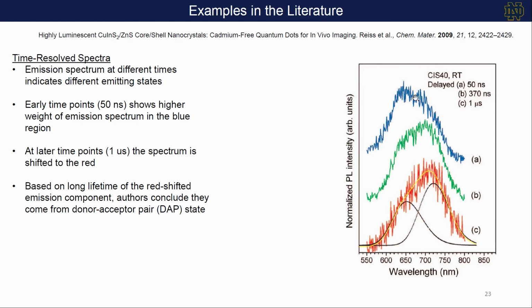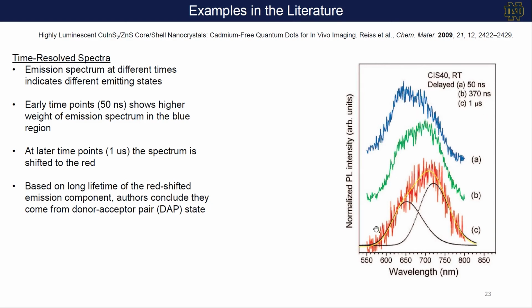It looks like two emissive states, something more in the blue and something more in the red. If you take the fluorescence spectrum at later time points, so at 370 nanoseconds, you can see this state over here is contributing more and this state over here is contributing less. So there's an evolution of what the spectrum looks like over time.